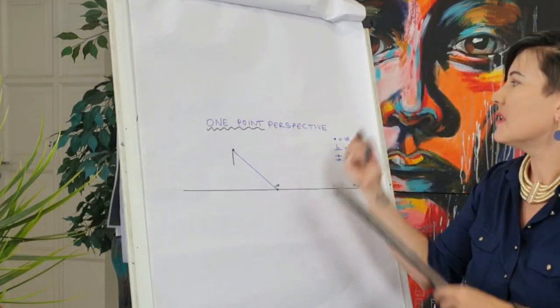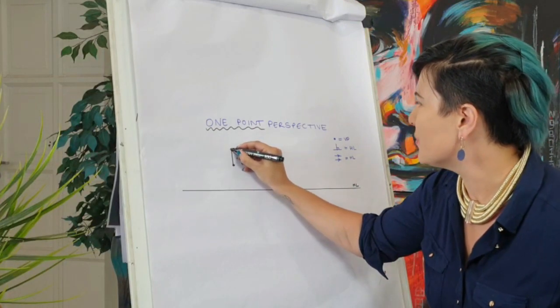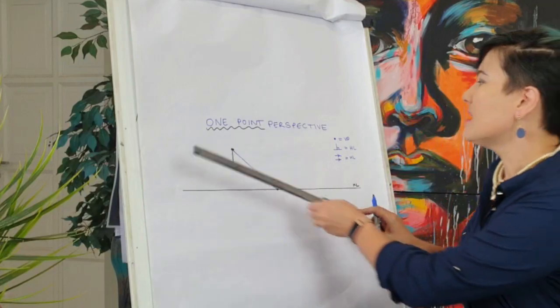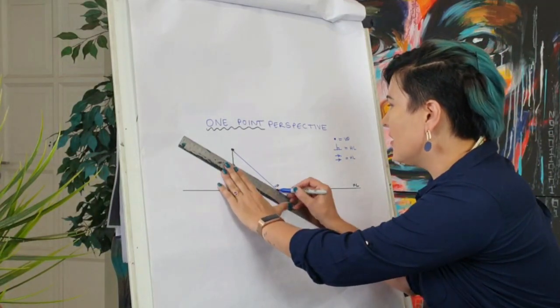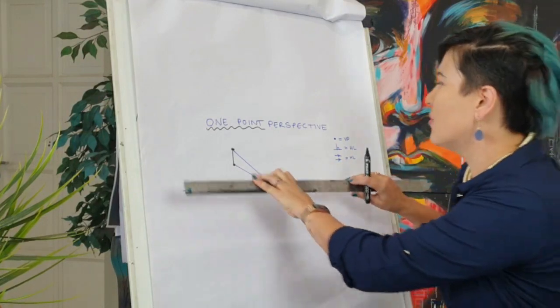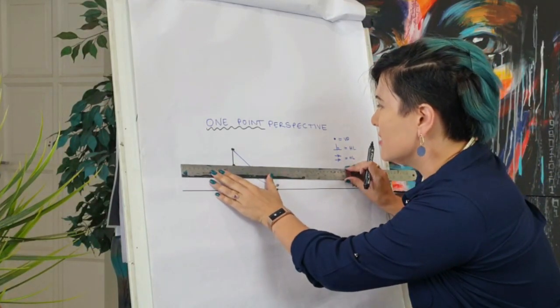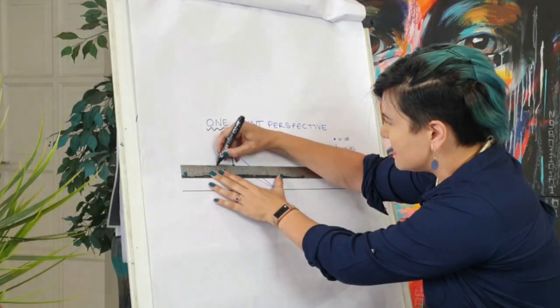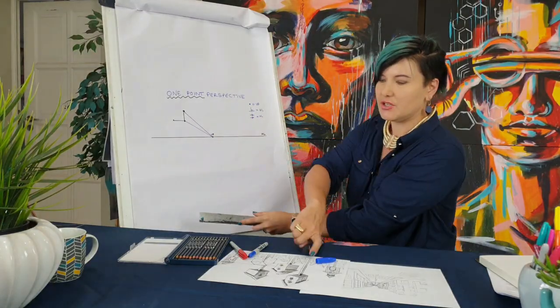straight down. Now, all lines consist of 2 points, right? So I've introduced another point. That point has to go to the vanishing point. When I would like to draw a line going horizontal, it has to be parallel, same distance from my horizon line. I've introduced a new point.